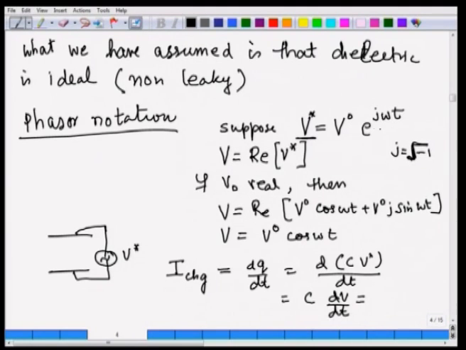In time it varies as omega t, so V changes by omega t. So what would I get? I would get j omega C, and since it is exponential, I will get back V.